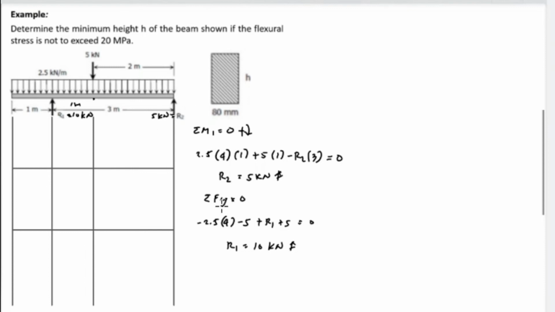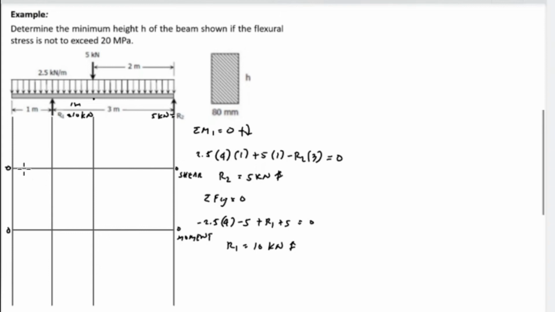And we find the value for moment using shear and moment diagram. So first, shear diagram, so 0, and this is for shear, and this is for moment.